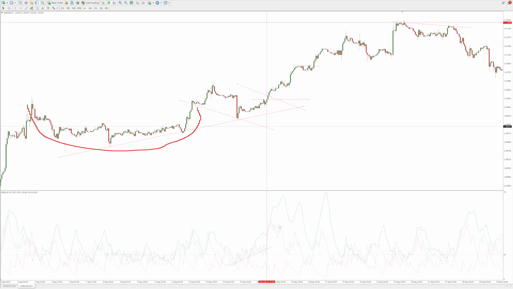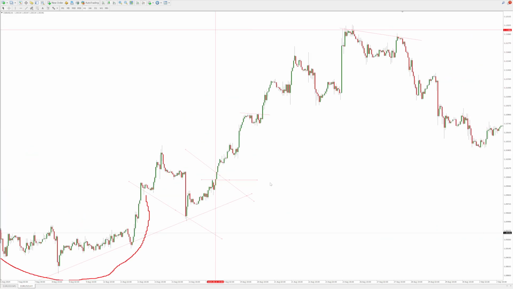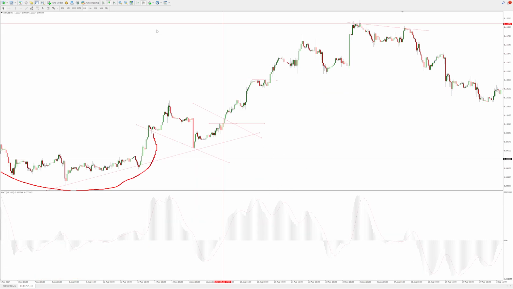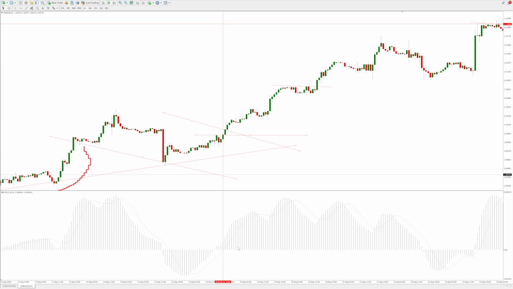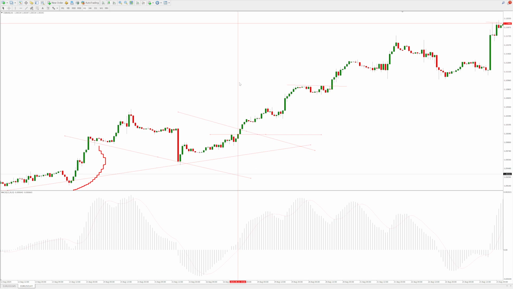Okay. As I said, let's just remove the ADX. There are plenty of indicators you can use to confirm. Let's just put the MACD on the chart. Basically with the MACD, when price is above the signal line and above 0, it suggests that we're in an uptrend. My chart's gone a bit messy, so let me just remove some of these arrows and lines for you.